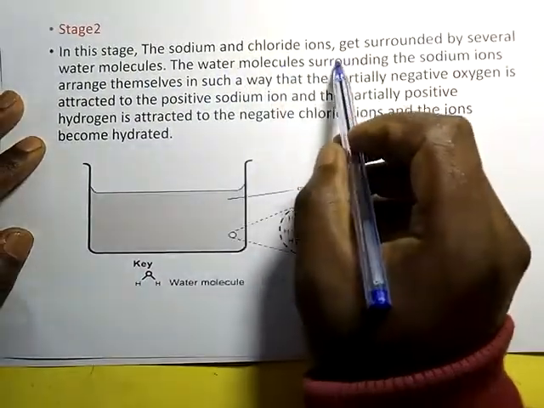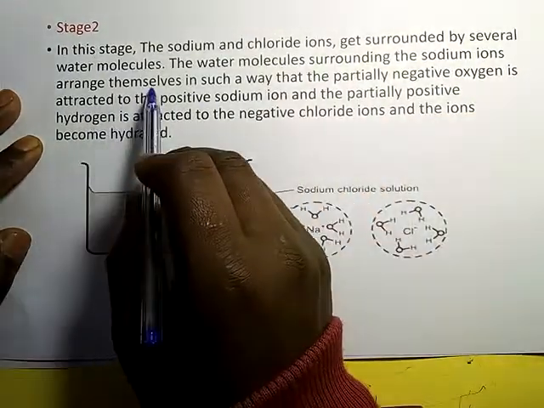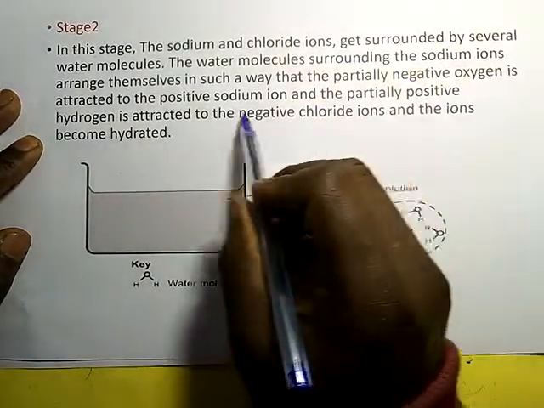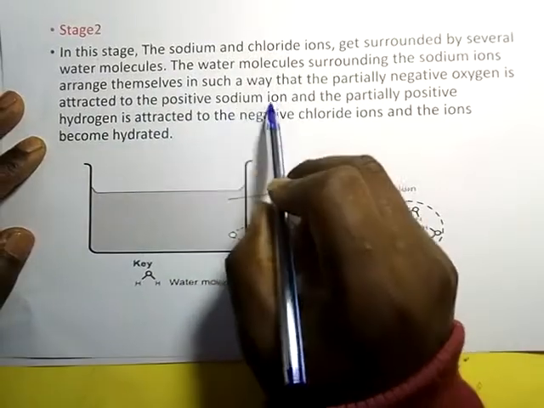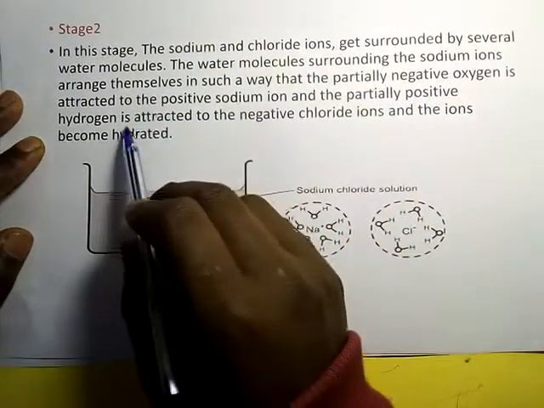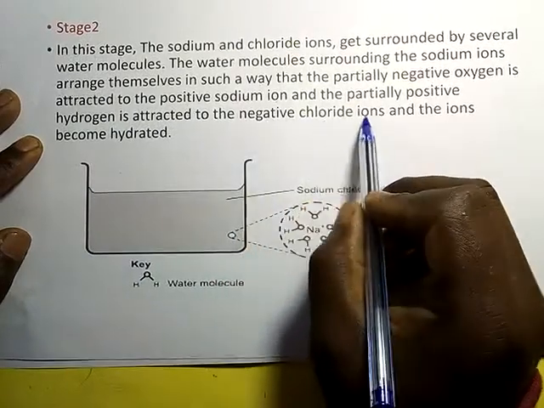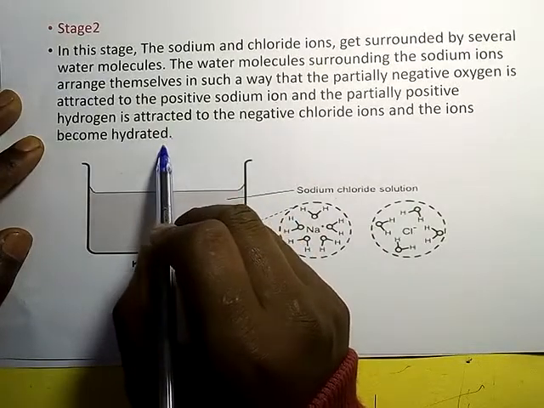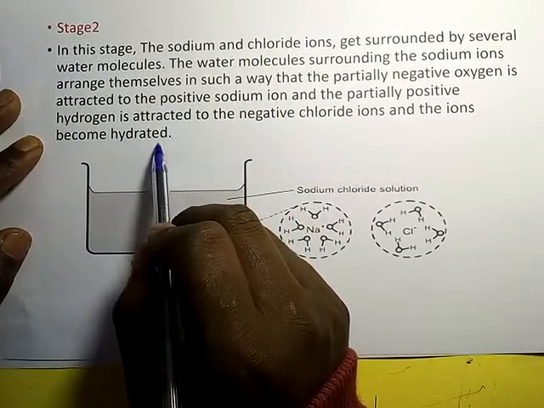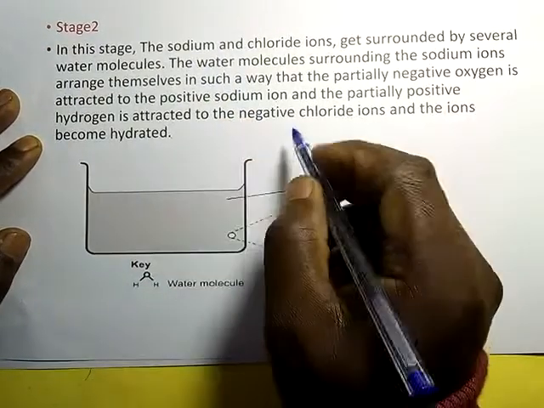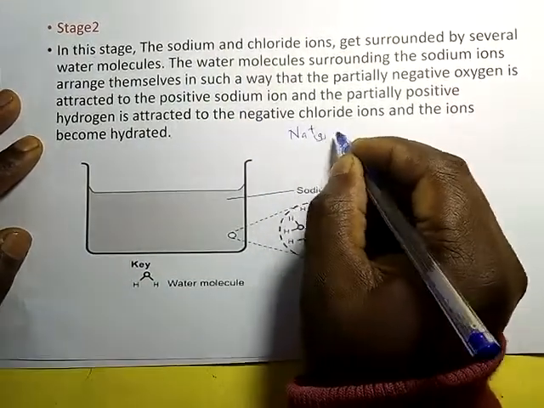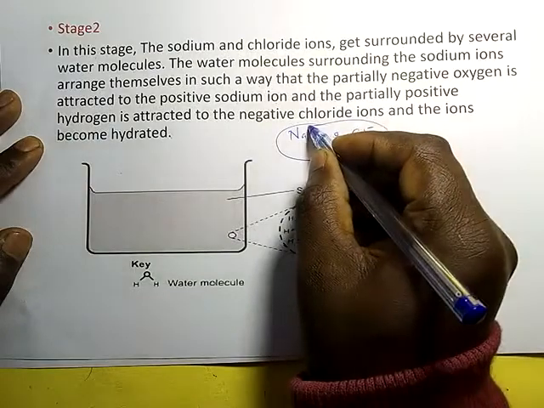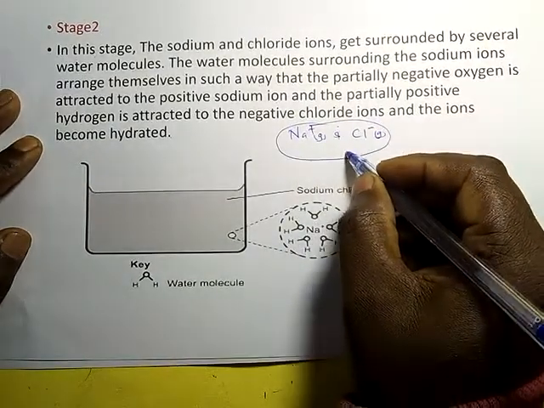The water molecules surrounding the sodium ions arrange themselves in such a way that the partially negative oxygen is attracted to the positive sodium ion, and the partially positive hydrogen is attracted to the negative chloride ions, and the ions become hydrated. Now we are talking about the second term, hydration. So these gaseous ions are surrounded with water molecules, and they become hydrated.